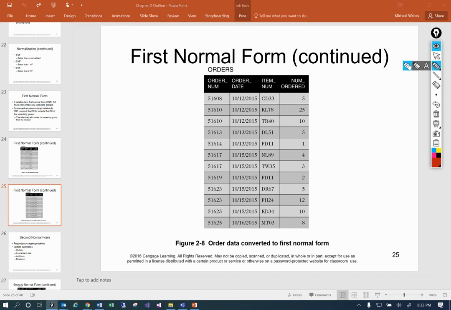Here's one of the repeating groups broken out. You can see these two numbers are the same. Here's another repeating group broken out. Same thing here. So now this is 1NF.